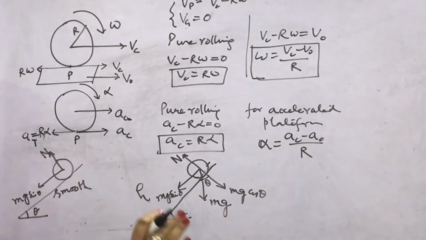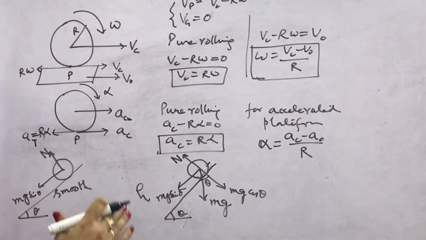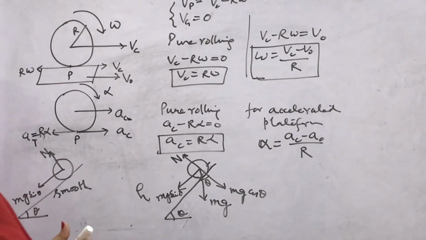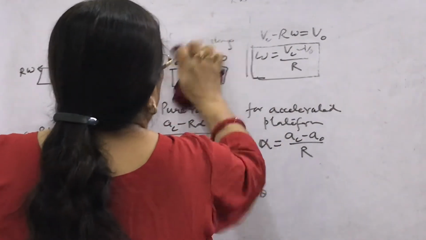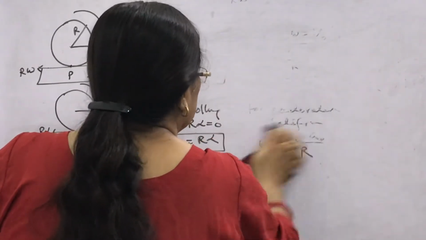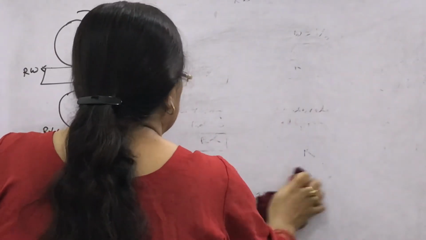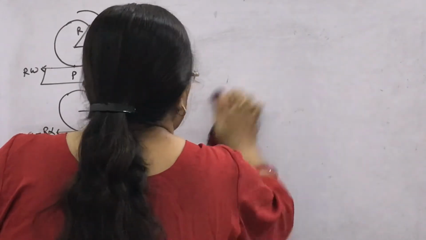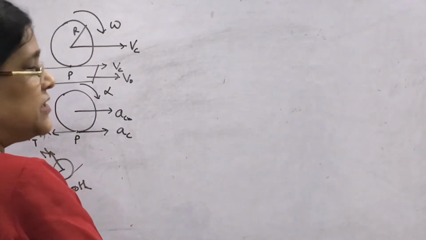So note down that for the rolling to take place on the inclined plane, friction is necessary. Now we will take a plane at which friction occurs, that is, the plane is rough. Now what will happen if the rough plane is there, if its height is h and angle of inclination is theta, which can provide sufficient friction.